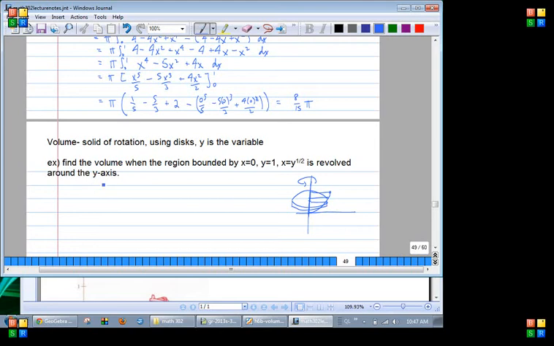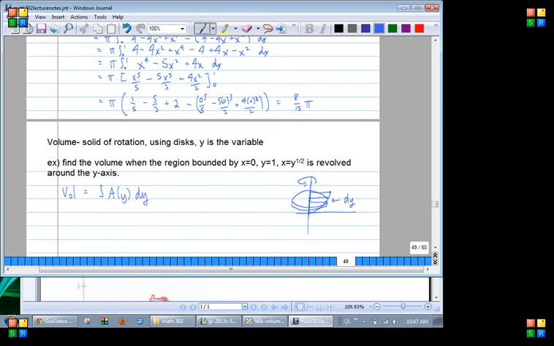So, first of all, this horizontal slice means you're going to have a dy. That's the first important thing. Second thing, we still know that the volume is going to be the integral of the area, but now we know that area is going to be a function of y, and we're going to integrate dy.